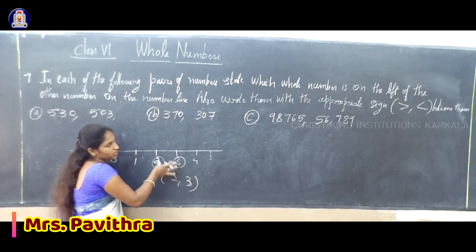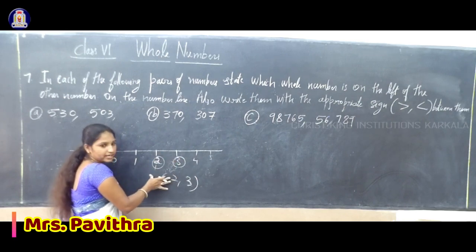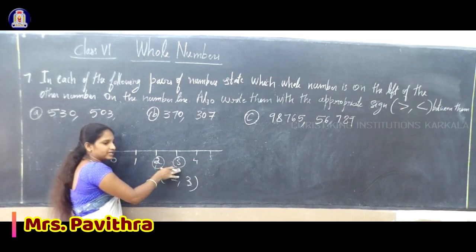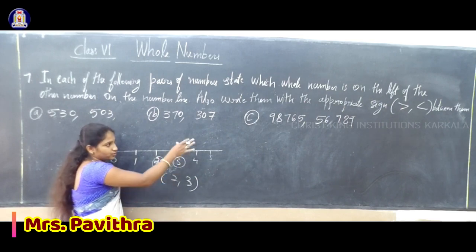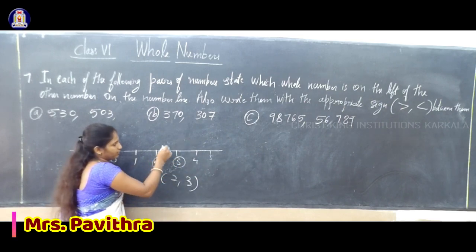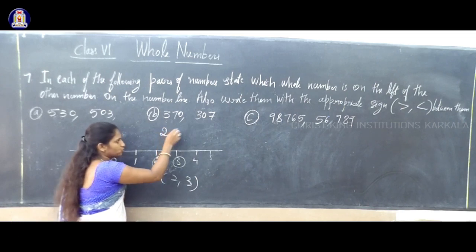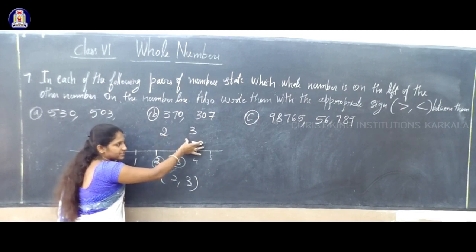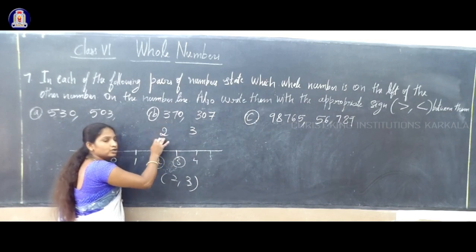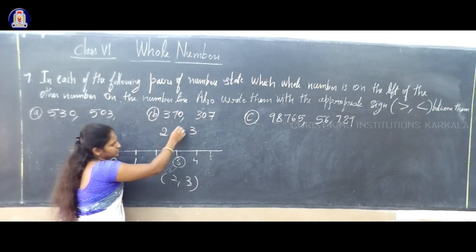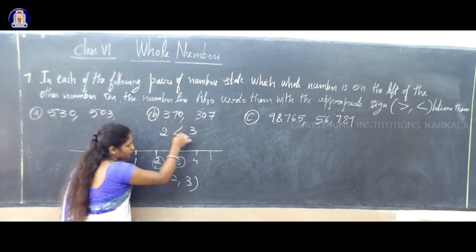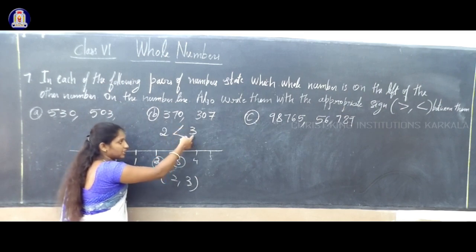So next question is you have to write the appropriate sign. That means which is greater, which is smaller. You have to use that symbol. Any sign you can use. If I write 2 and 3 in between, 2 is the smaller one. 2 is smaller than 3. Or we can say that 3 is greater than 2. Clear? So how to write a sign in between them? If you write like this, that means 3 is greater.